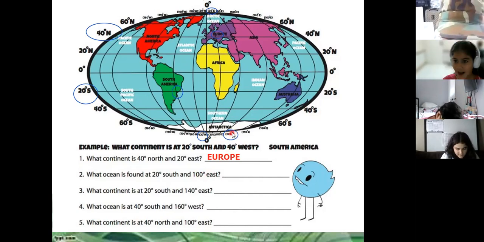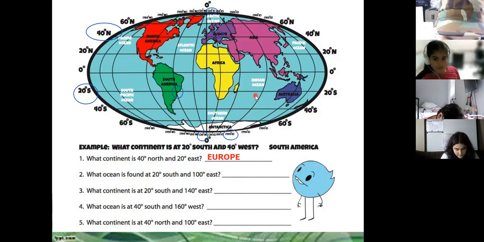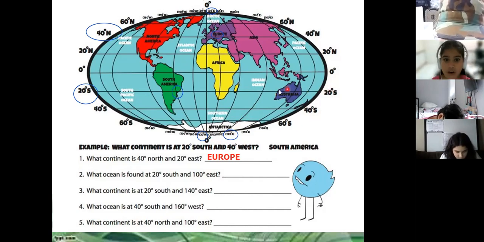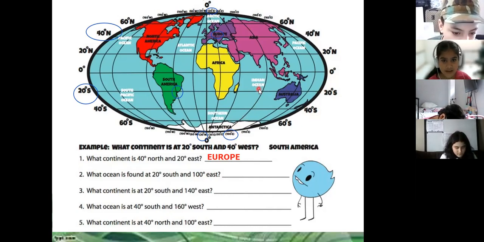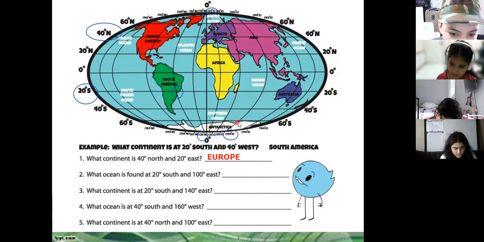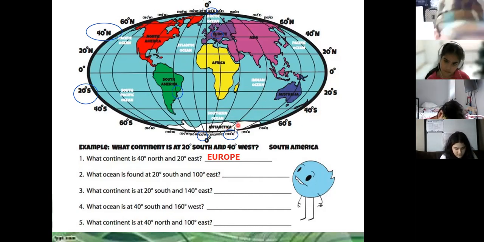Now we have 100 east, it's this one, with 20 south. Which ocean is found here in the intersection of 100 east and 20 south with this line? What is the name of the ocean? Indian Ocean.